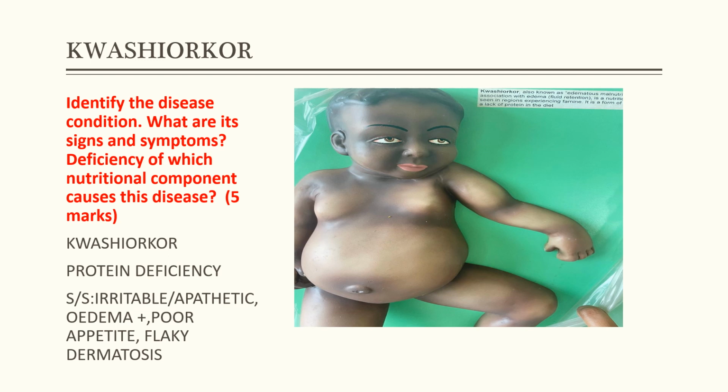It is a case of kwashiorkor and caused due to protein deficiency. So the child may have, as I mentioned, irritable apathetic faces, edema, poor appetite, and flaky dermatosis in some cases.